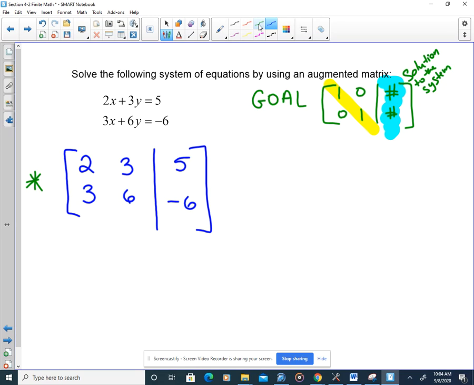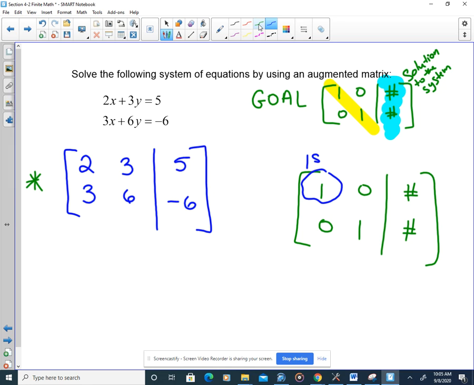Okay? Now when you're trying to get it to look like this matrix, where you got 1, 0, 0, 1, and then numbers over here, there's a process that you want to go through. Usually what you want to do first is always try to get this element here to be a 1.